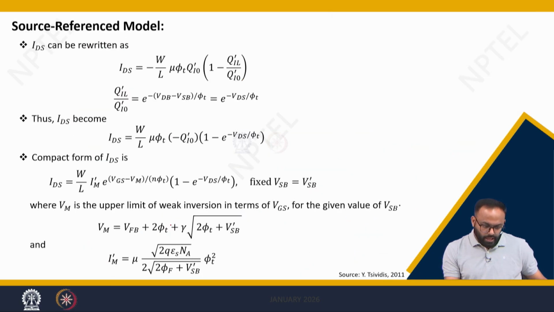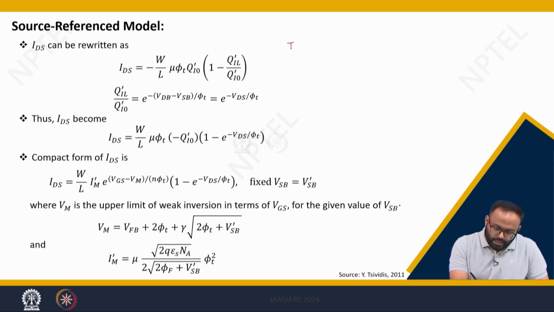In the other way, I can reframe the equation in terms of source reference model, which was given as IDS equals W into mu into phi t divided by L, Qi0 dash minus Qi L dash with a negative sign out, right?